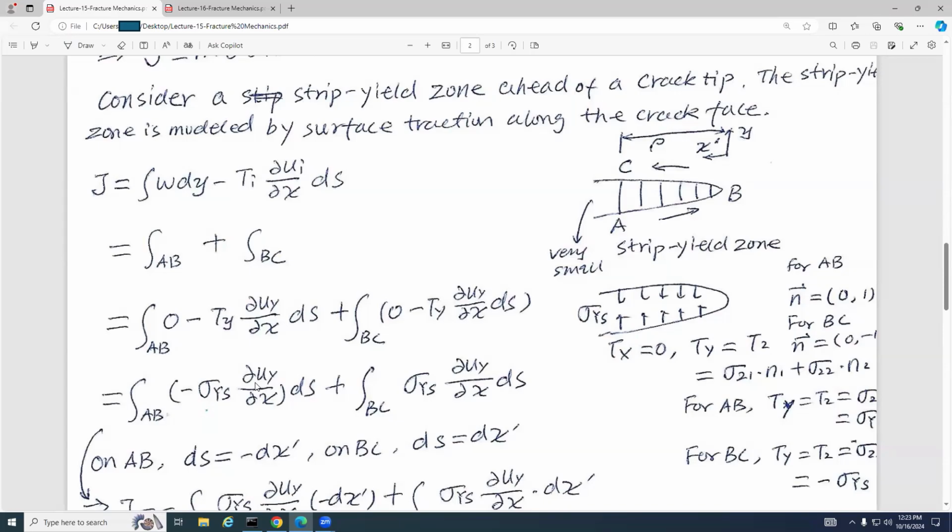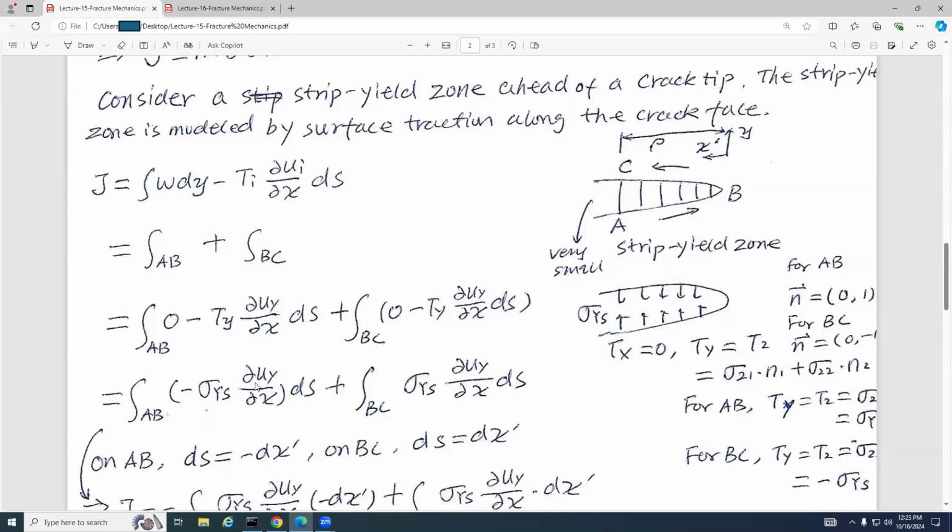But this one is the BC, this is the B and the C. So now this time, this is my stress, sigma ys, sigma ys. Also this time, this n equals going down, 0 minus 1.